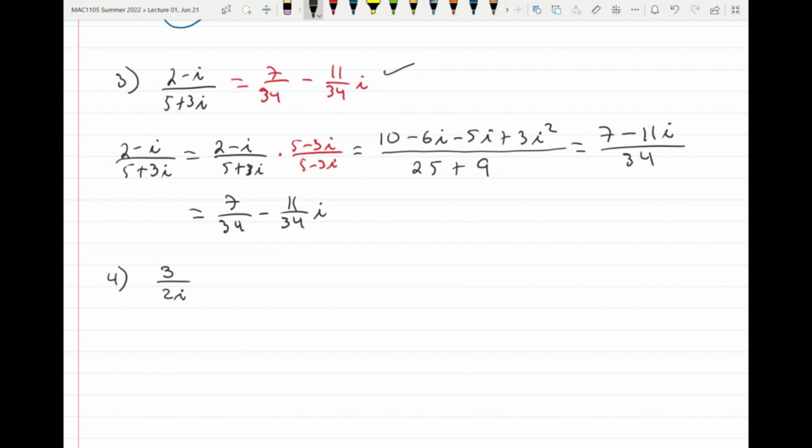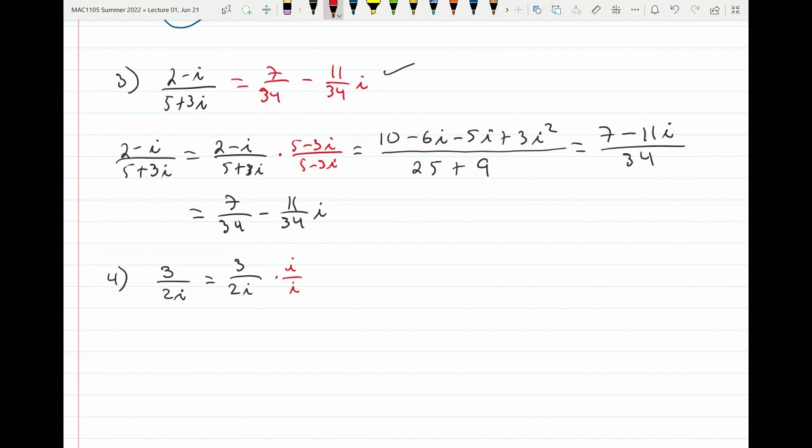So in this special case, if you want a little shortcut, instead of multiplying by the full conjugate, just multiply by i. The reason why it doesn't work above is because if you multiply this by i, you will just be transferring the i from here to here. Right? So you will get 5i minus 3. You are just changing the i from one side to the other, so that doesn't work. That's why you need the full conjugate to be able to get rid of the i in things like this.